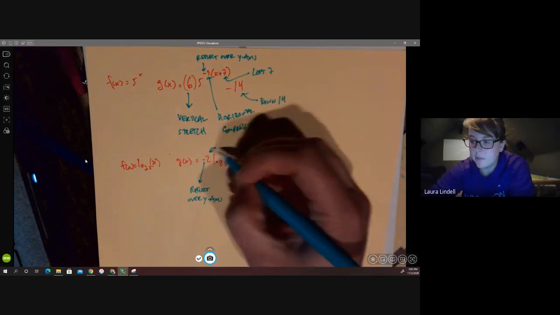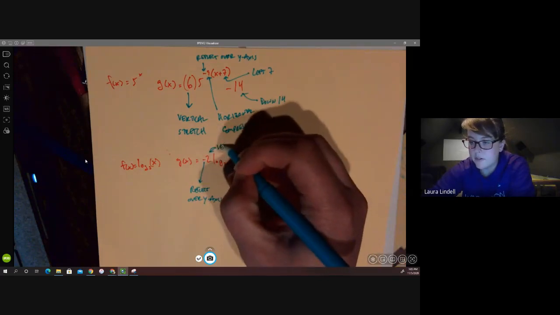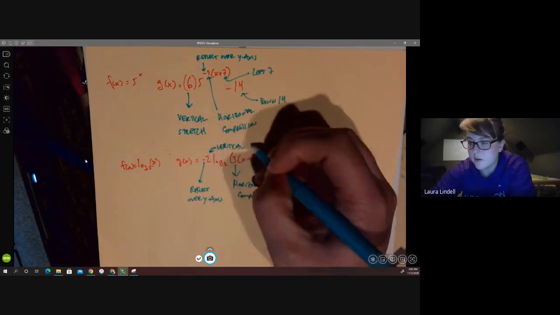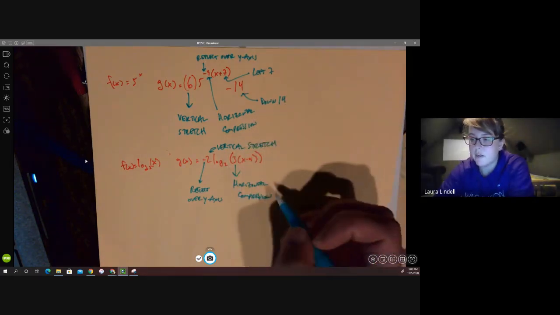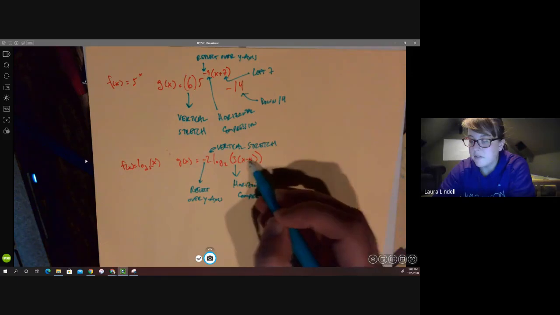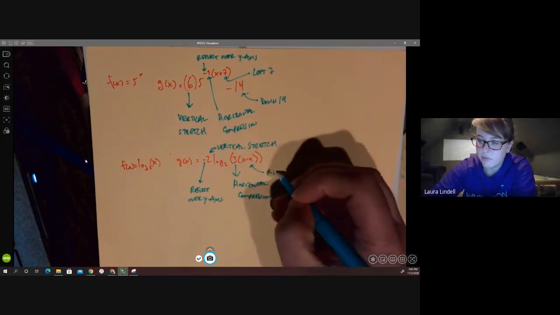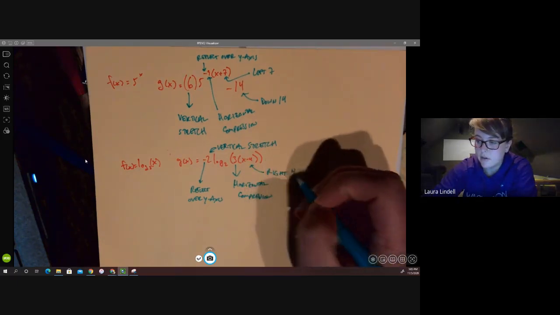And I skipped this one, that's vertical stretch, with the 2 on the outside. And then the minus 4 on the inside tells us we're going right 4.